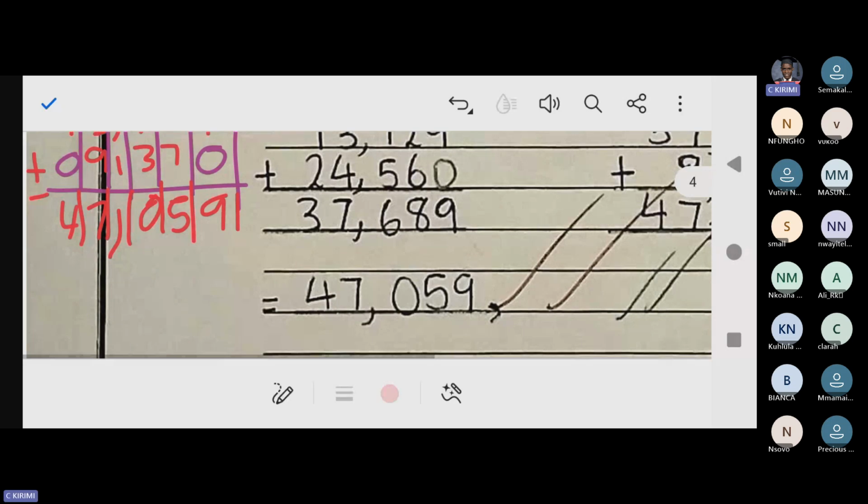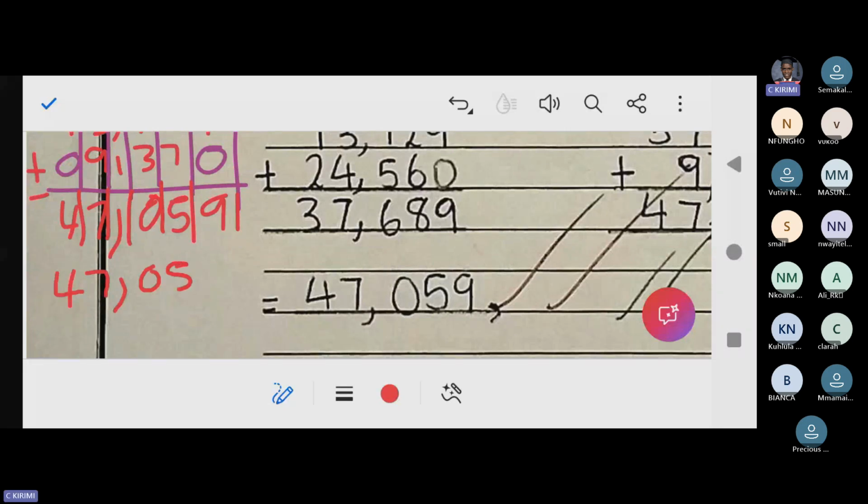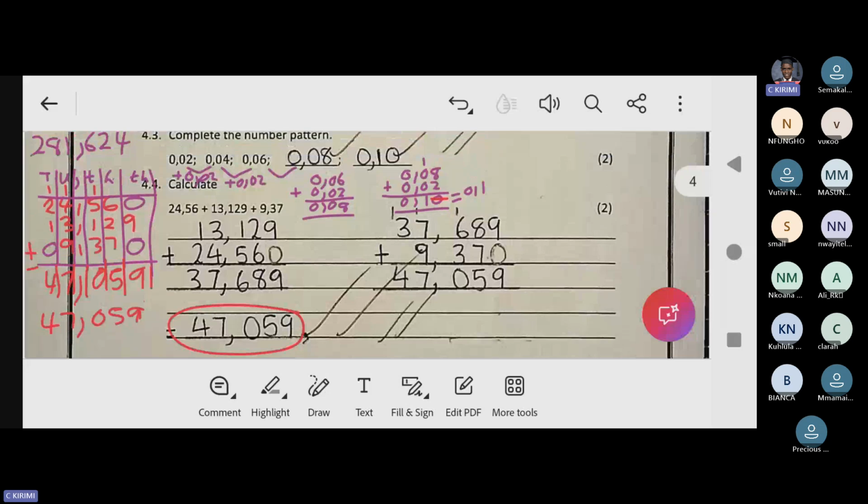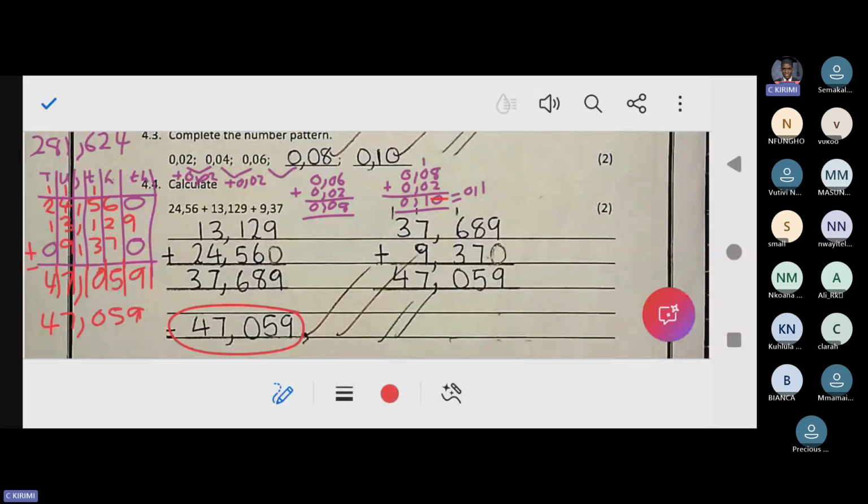So use the vertical column method. It's very easy. 47,059. You add everything at once and still get the same answer. If you want, you can also use the second alternative method, where the learner is adding 2 numbers at a time. Then you add the next, and it is still correct.